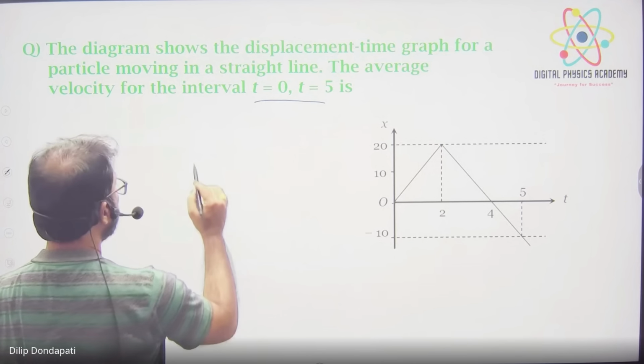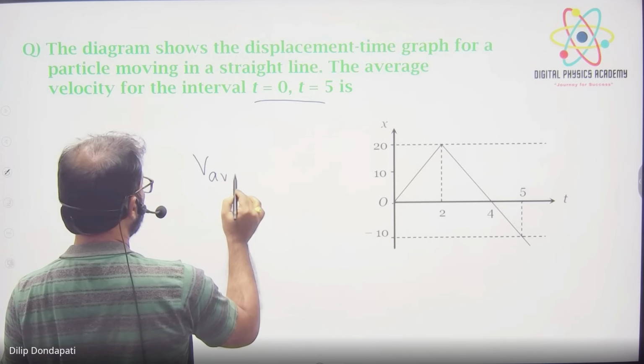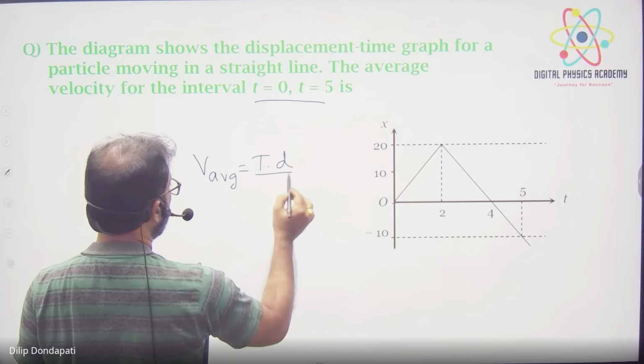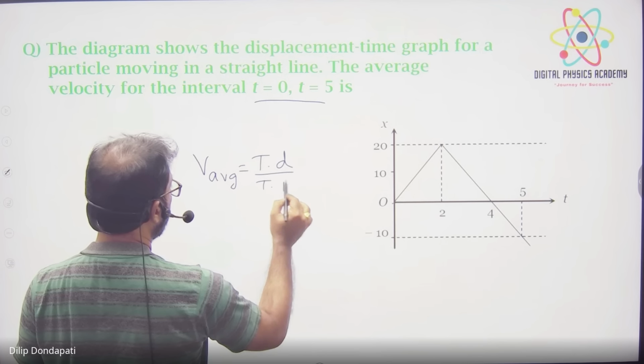The average velocity formula is total displacement by total time taken.